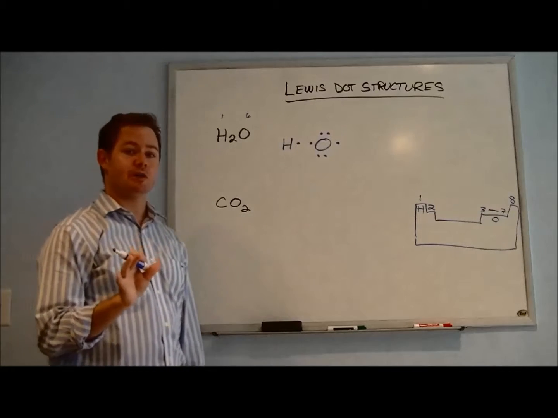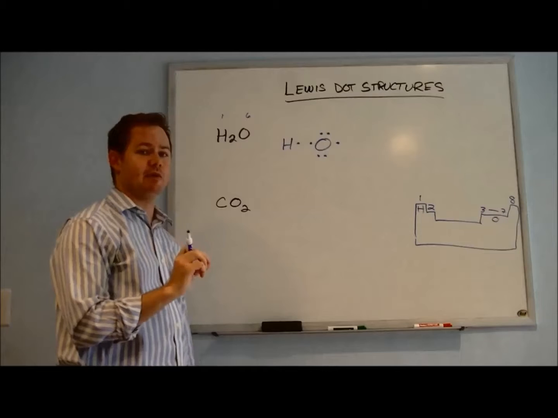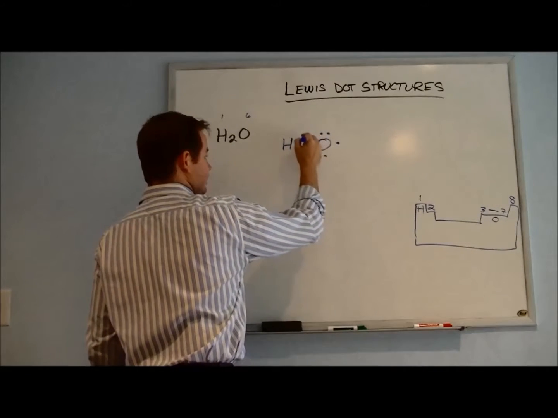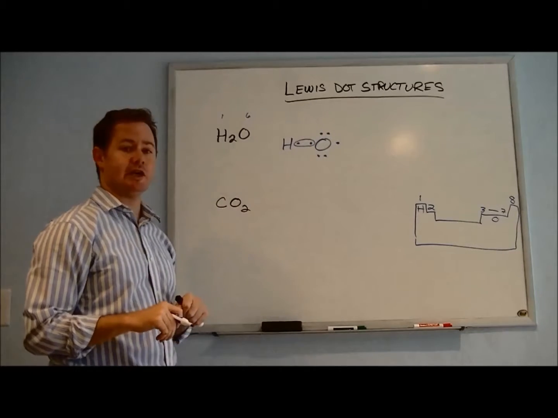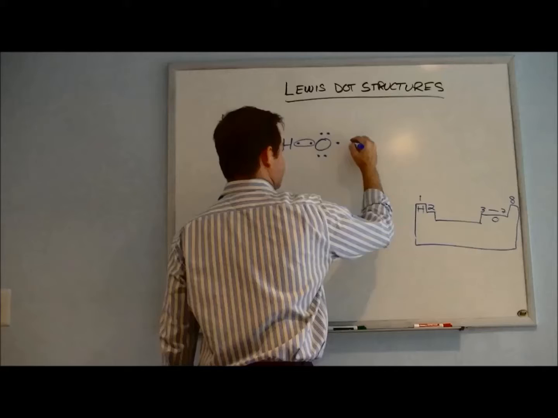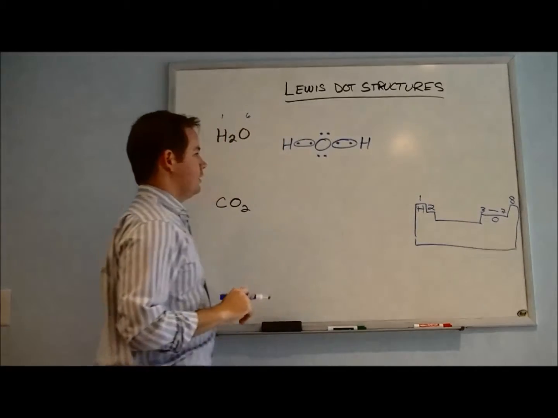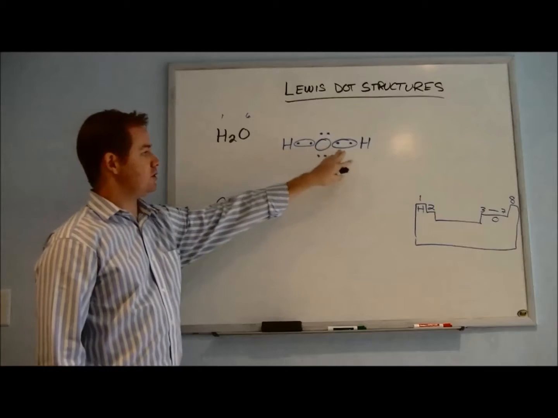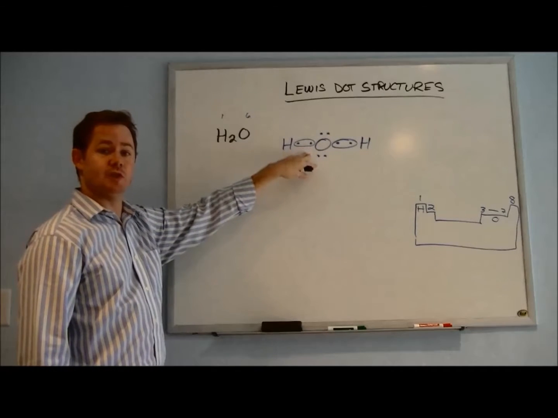And in any bond between two elements, each bond that you see, which oftentimes is written out as a line, but for Lewis dot structures we're going to include the dots, each bond contains 2 electrons. So we see that oxygen is bound to hydrogen this way, and oxygen is bound to this other hydrogen this way. So in H2O, we have 2 bonds being formed between hydrogen and oxygen, and each of those bonds shares 2 electrons.